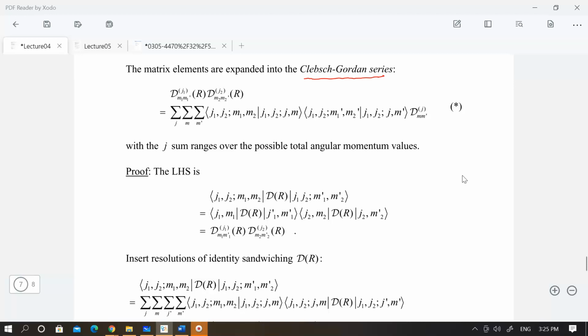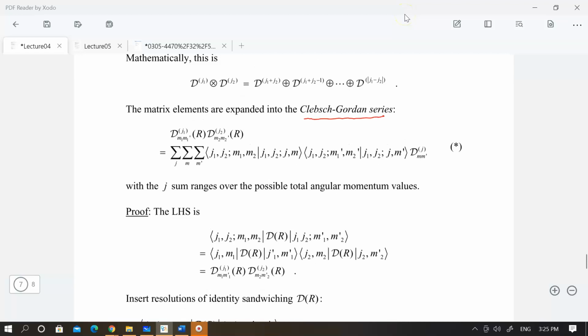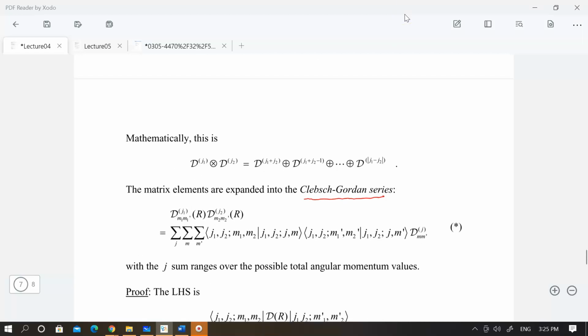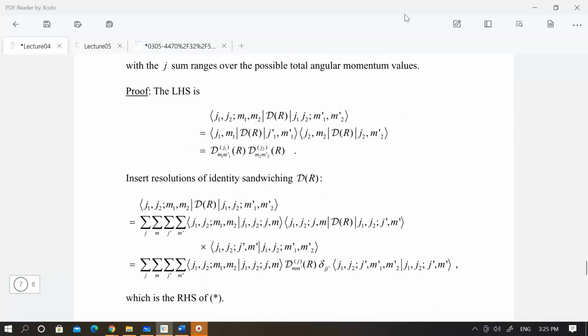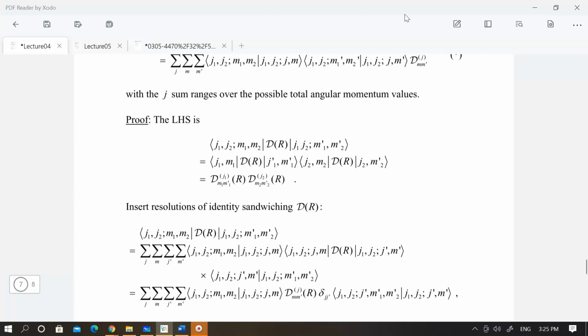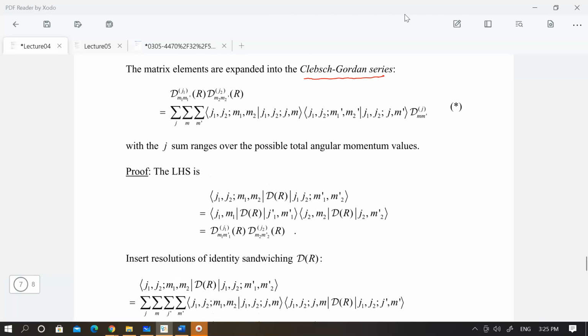Okay, so this will be the left-hand side. Remember that this thing should be related to the total rotation operator. If you take the total rotation operator for the left-hand side and take the matrix element, then you essentially get that, and that reduces to this.